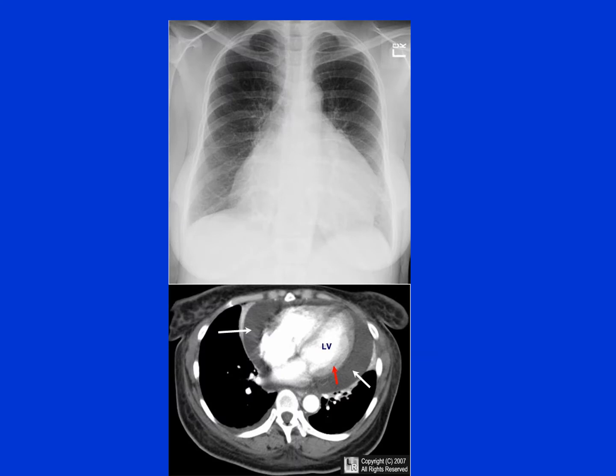One of the things that you see when you're trying to diagnose tamponade is a water bottle heart. This patient has a great big heart because that's all pericardium. The CT scan of that person below shows the white arrow is pointing at all the fluid that's in the pericardium.